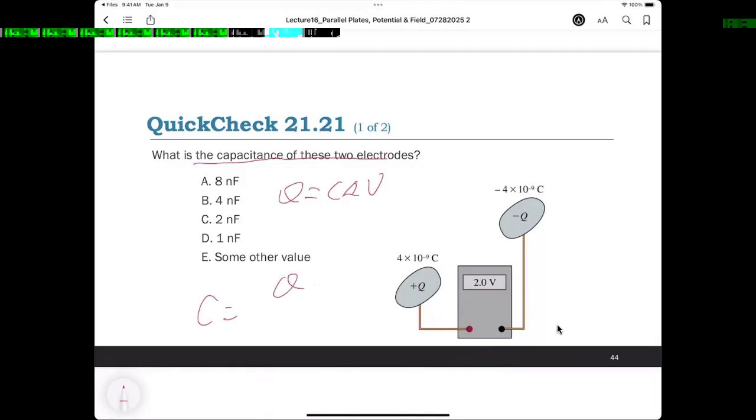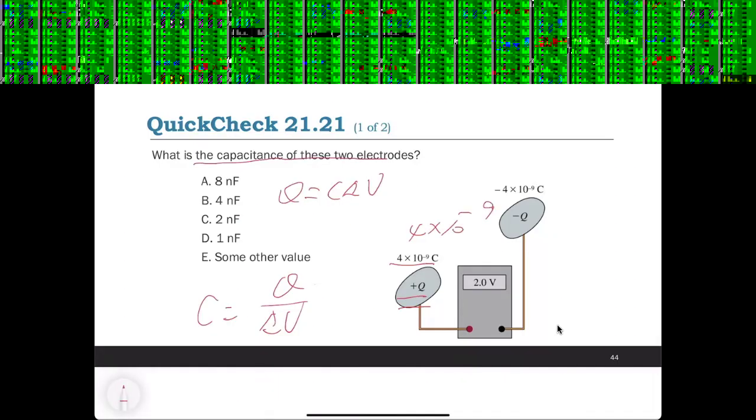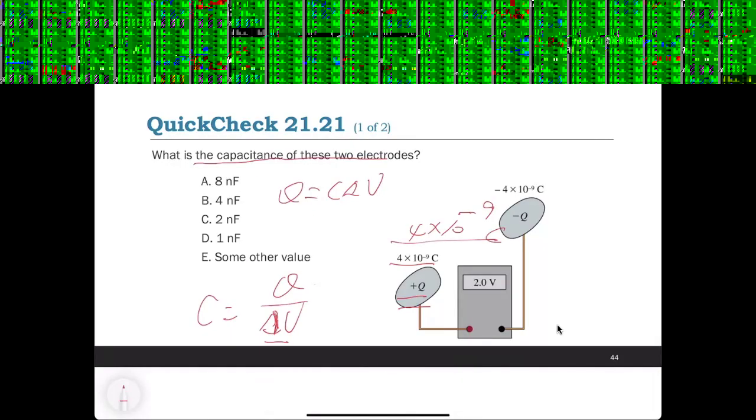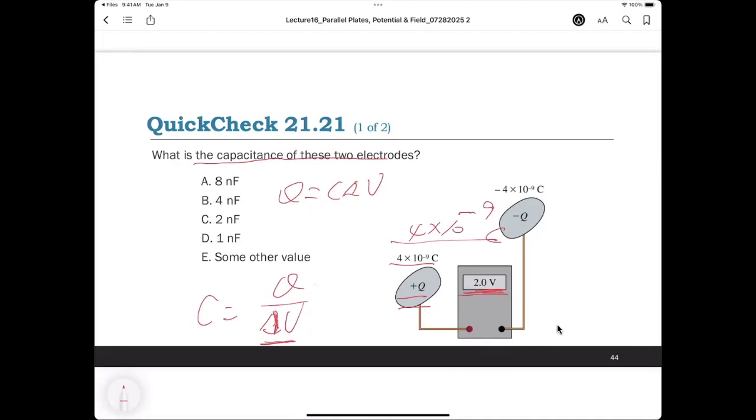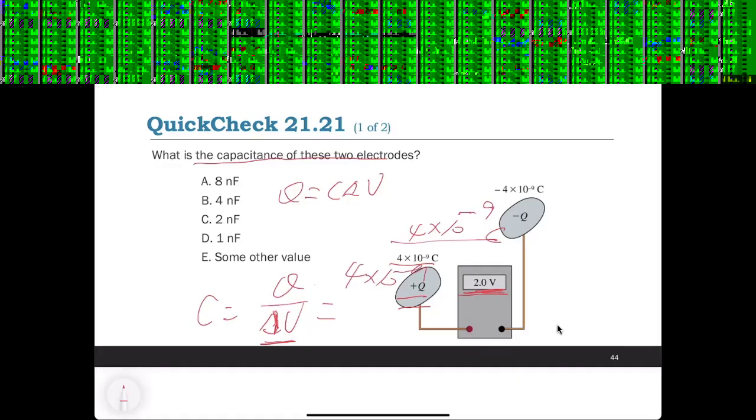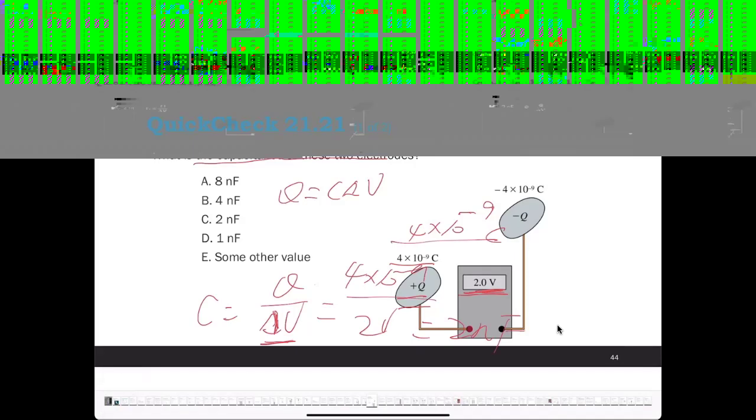Capacitance equals Q over delta V. Q is 4 times 10 to the power negative 10 C, and the voltage difference is 2 volts here. So it equals 2 nF. The answer should be this one. You use this equation to calculate it. That makes sense to you.